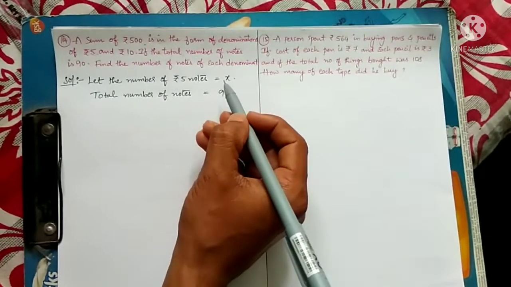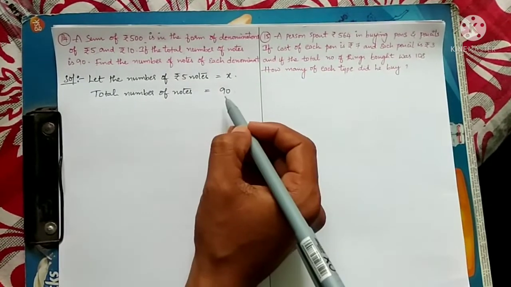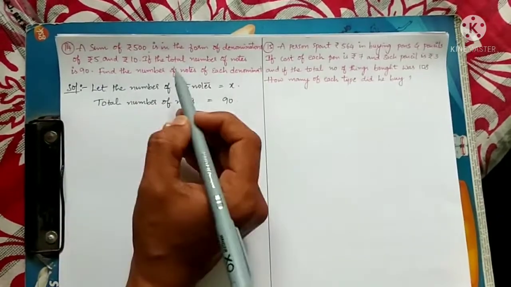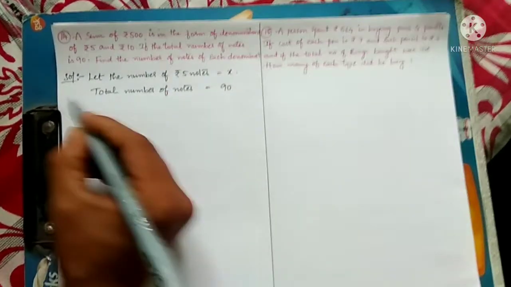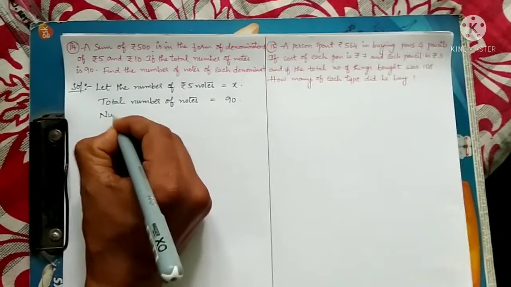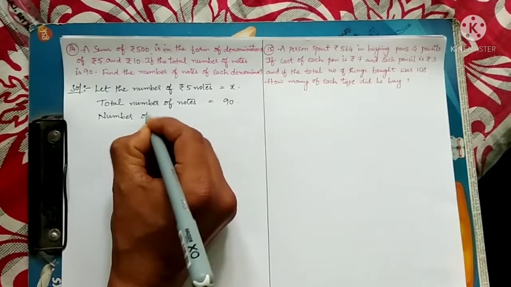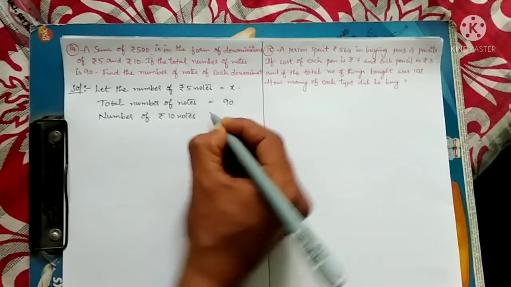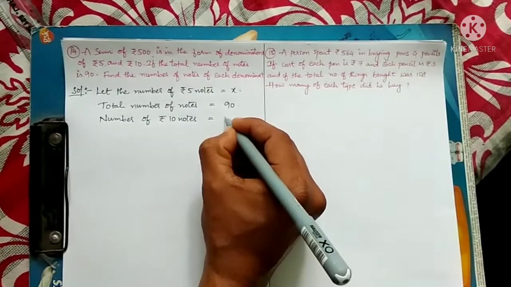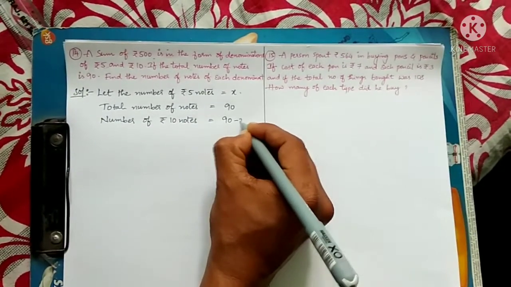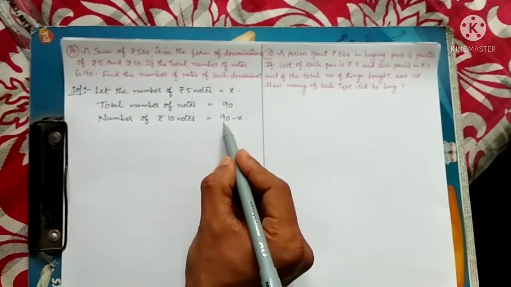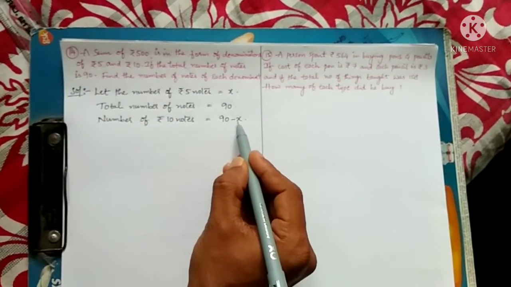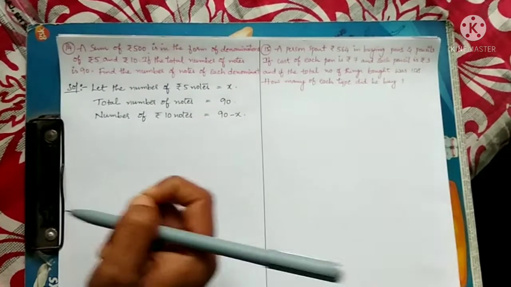If I have x number of 5 rupees notes and the total number of notes is 90, if I subtract these two we get the number of 10 rupees notes. Number of rupees 10 notes is equal to 90 minus x, the total number of notes minus the number of 5 rupees notes.